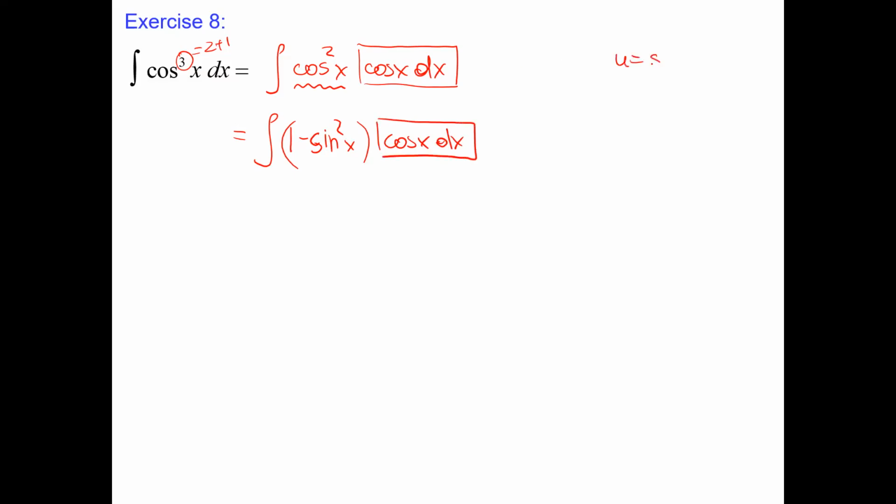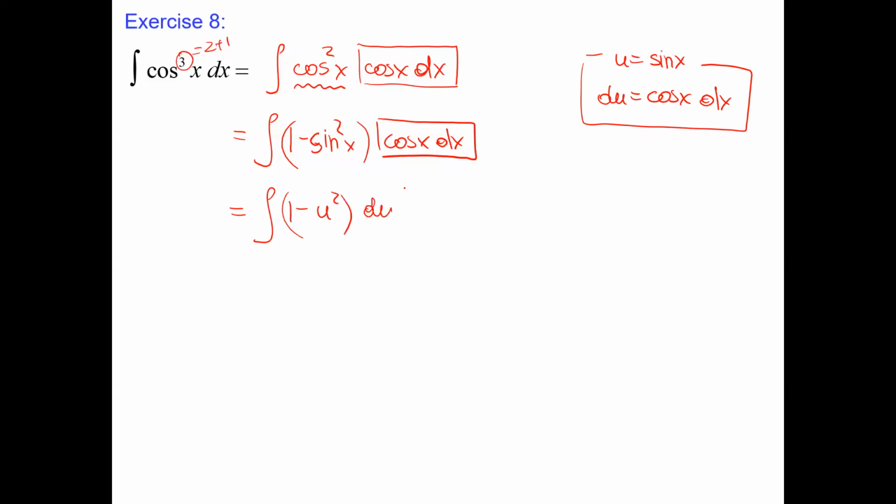This means u is sine of x, the same thing actually. And this is derivative cosine of x dx. We're not solving for dx. Okay, 1 minus u squared and perfectly waiting cosine of x dx. Cosine of x dx is du. Integral of 1 is u.